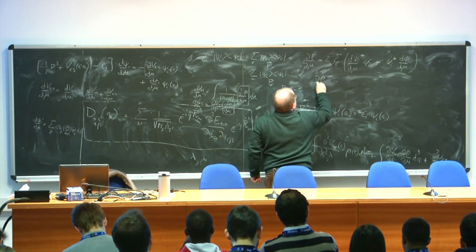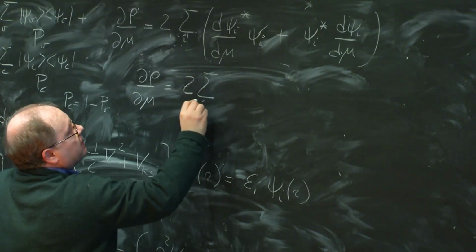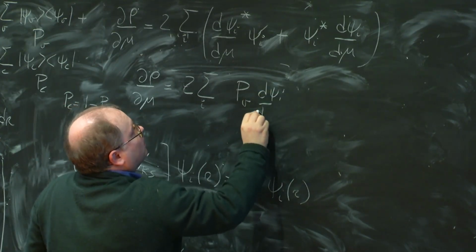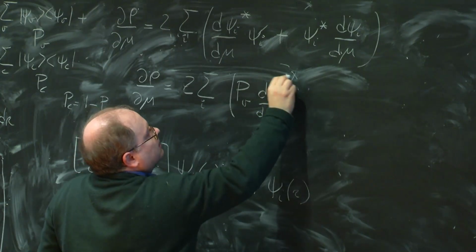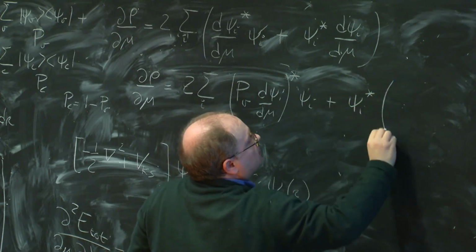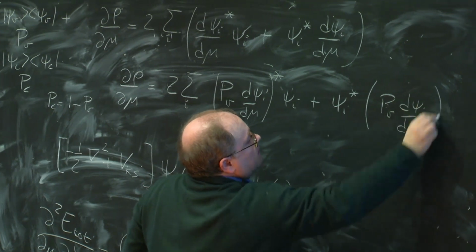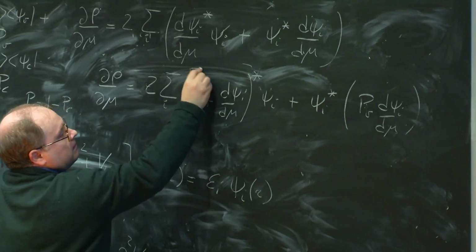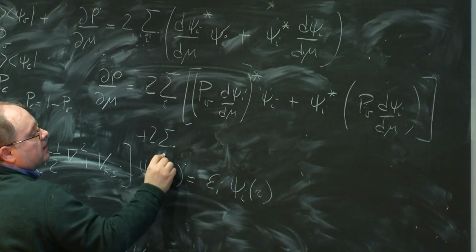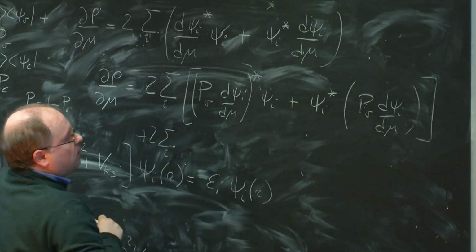So we have d rho over d mu equal to 2 sum over E. We put here PV d psi over d mu times psi complex conjugate, plus psi complex conjugate PV d psi over d mu. Plus twice the sum over I, where I is just on the occupied states.